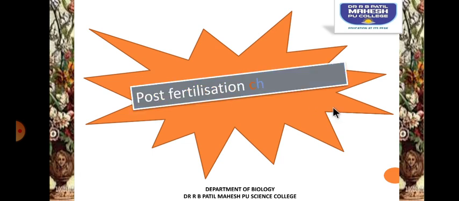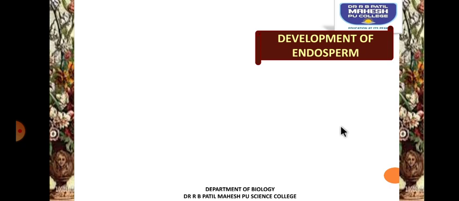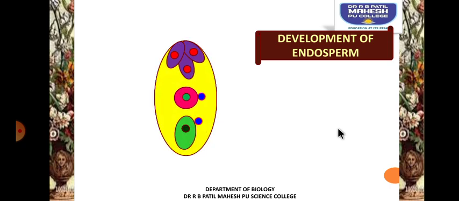Now let us try to understand post-fertilization changes. After fertilization, that is the fusion of the male gamete with the female gamete, what all changes take place in flowering plants? First, there is a development of an endosperm. See here students, this is the egg, this is the first male gamete, this is the secondary nucleus, and this is the second male gamete, and these three are antipodals.